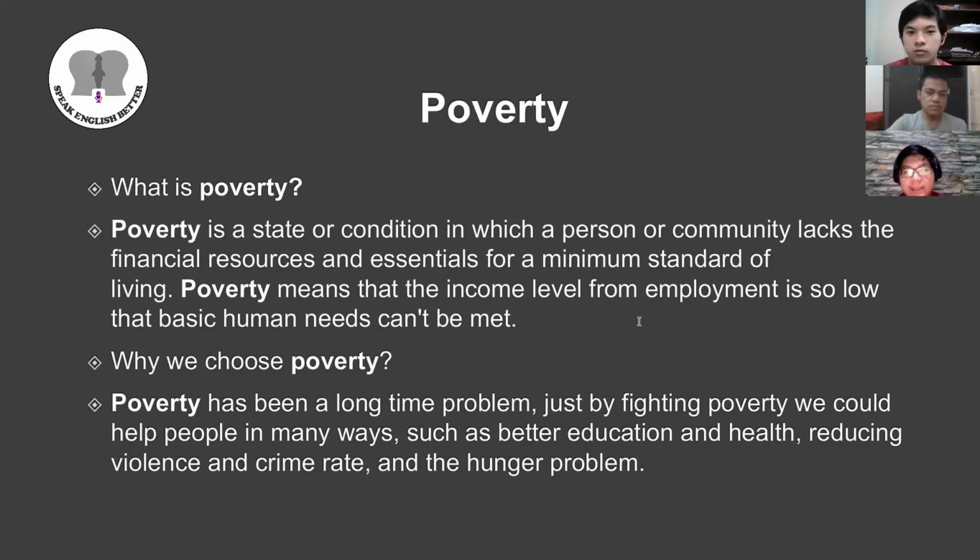Poverty creates a lot of problems in many aspects such as health, hunger, education, violence, and crime. I will read from what I found how poverty affects these aspects. Number one is health.